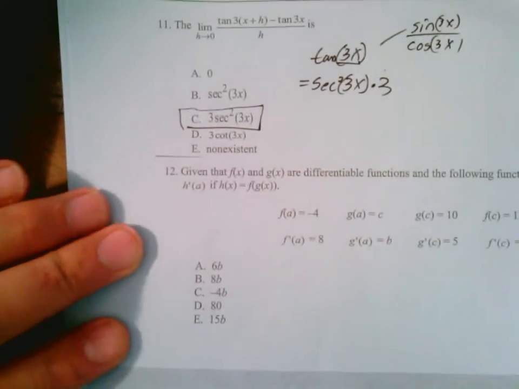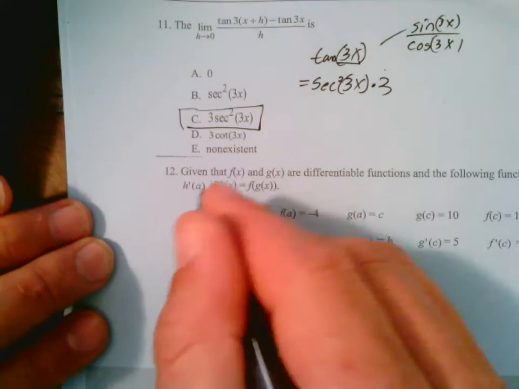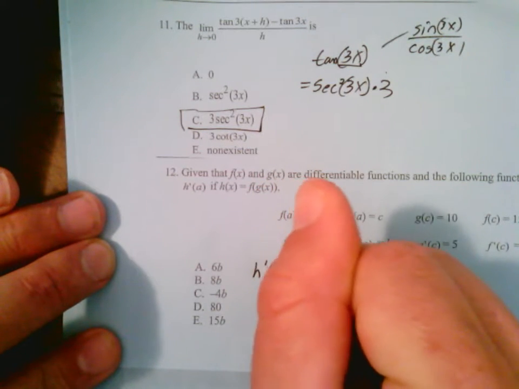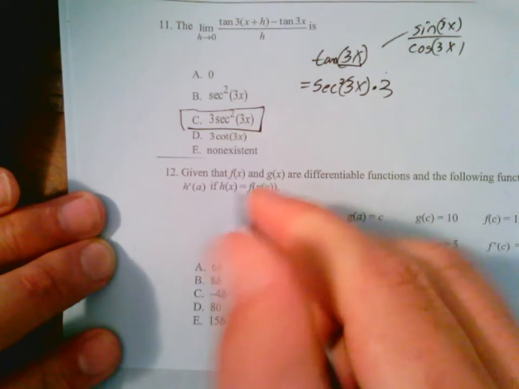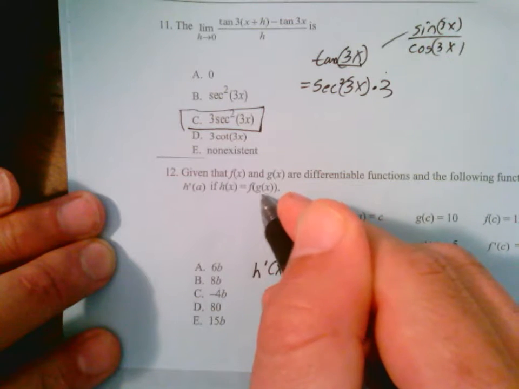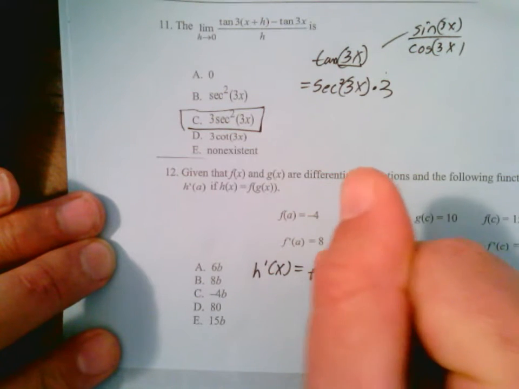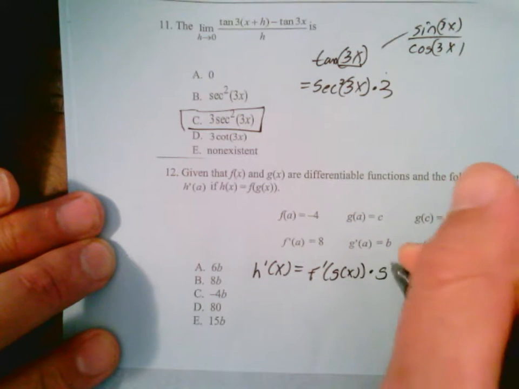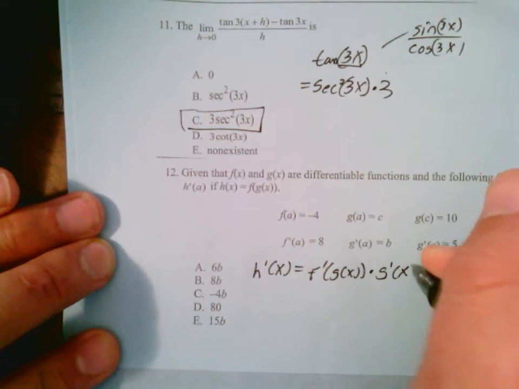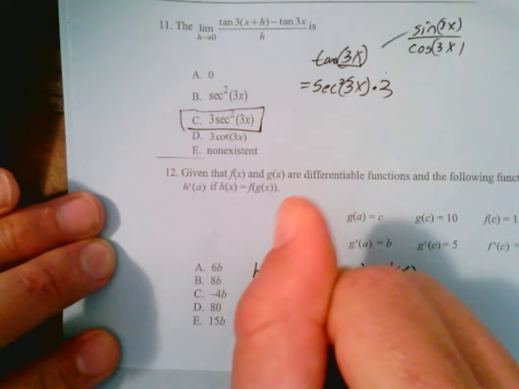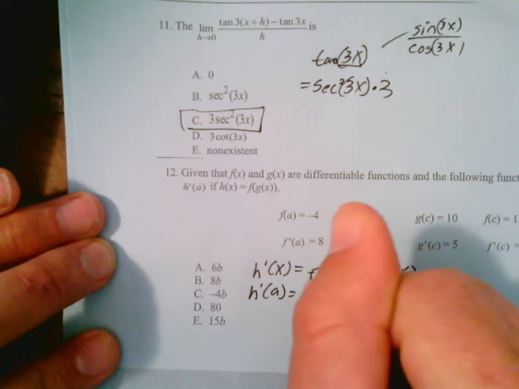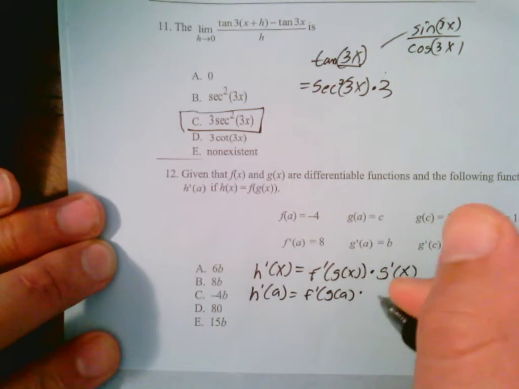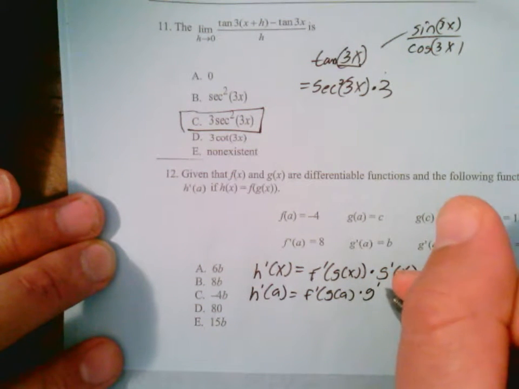Here's a problem we all liked. I'm looking for h prime of a, so first thing I need to do is find h prime of x. So this is a chain rule. It's the derivative of the outside, the derivative of function f with g of x inside it, times the derivative of the inside. We're looking for h prime of a. So go in and replace all your x values with a's.